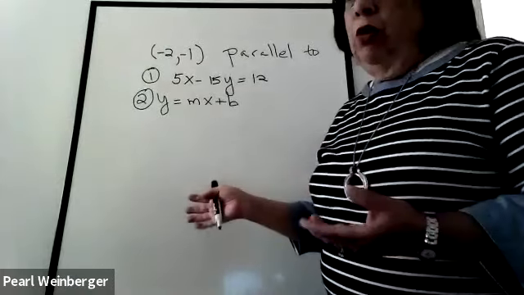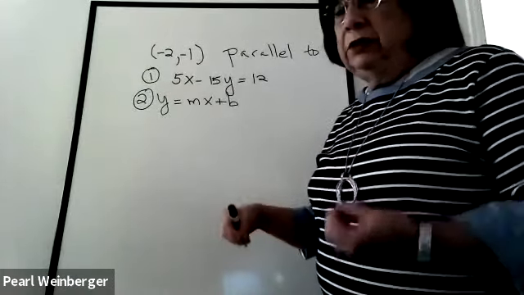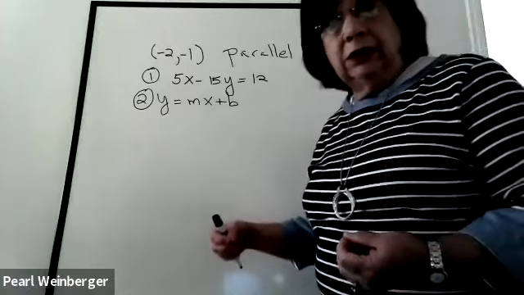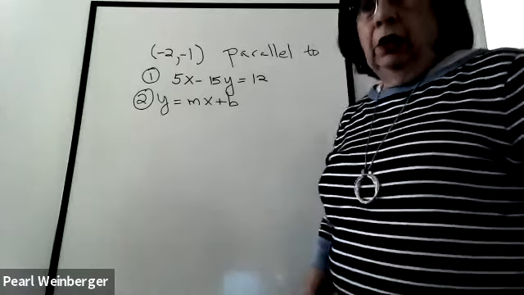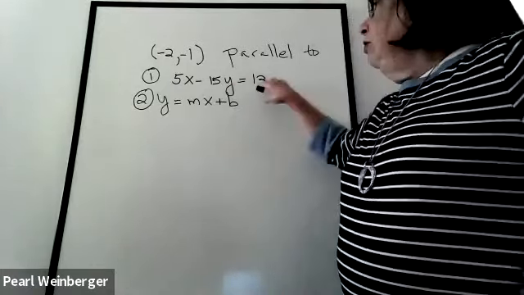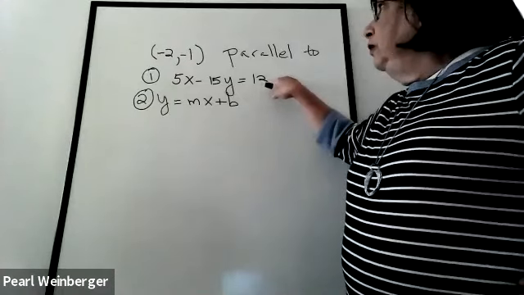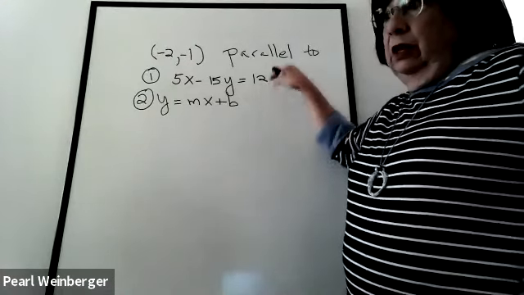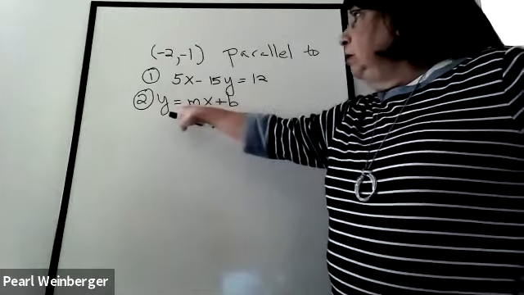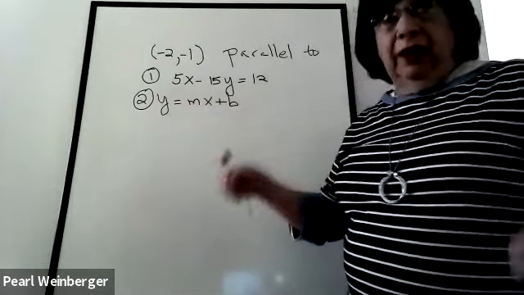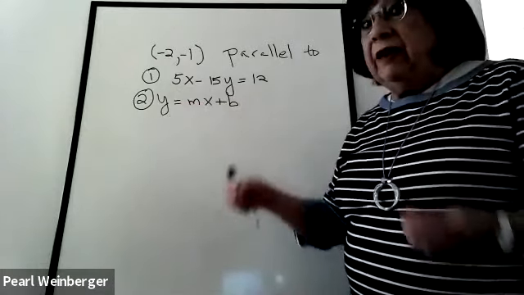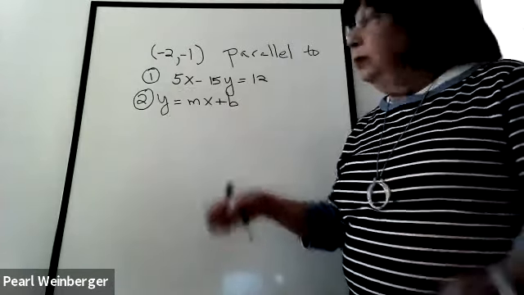Well, if you recall, what we said about parallel lines is they have to have the exact same slope. So if I could find out what the slope of line 1 is, that would give me the slope of line 2 as well. The lines are parallel. They're going to have the same slope.